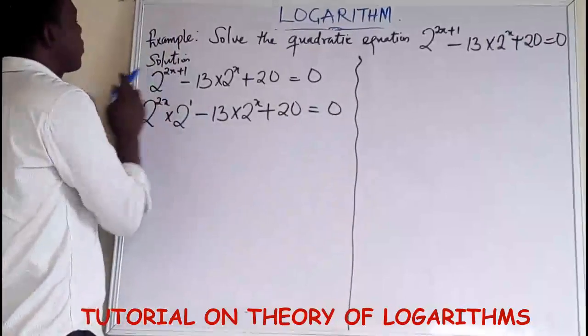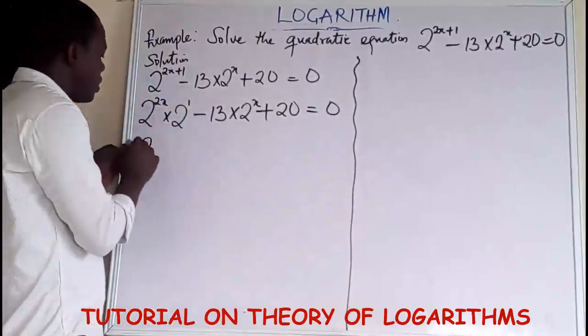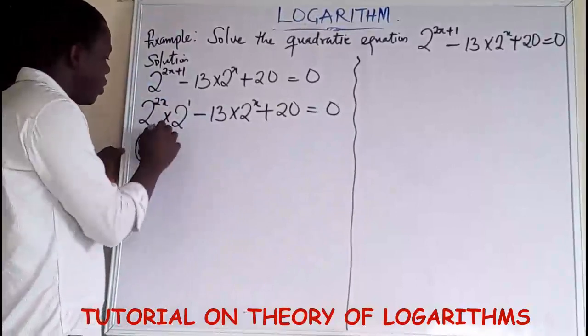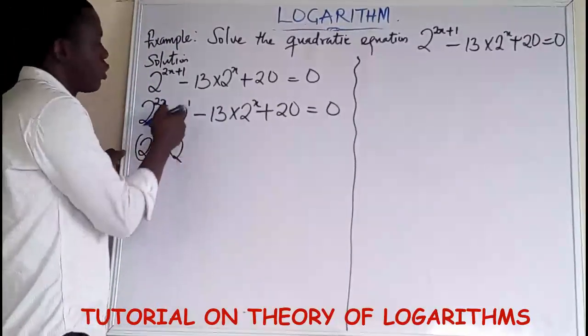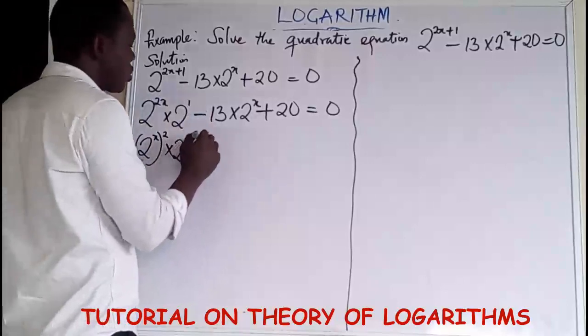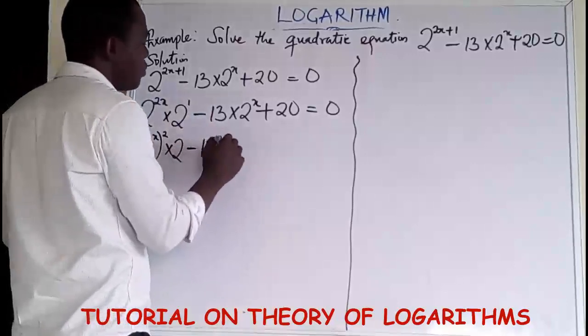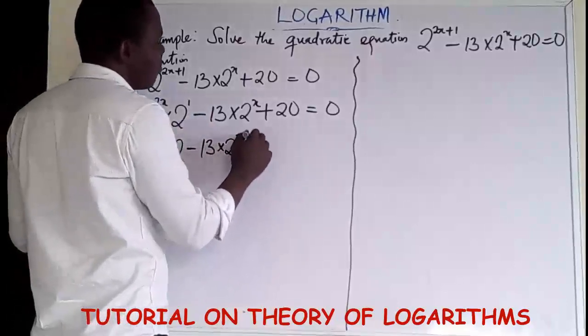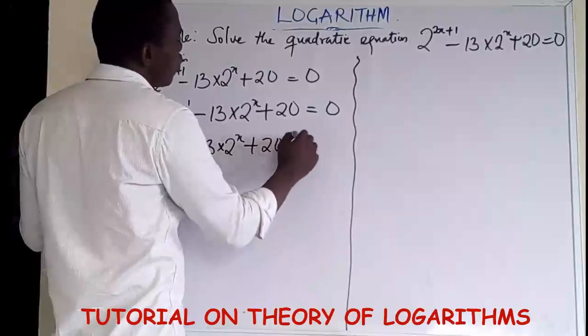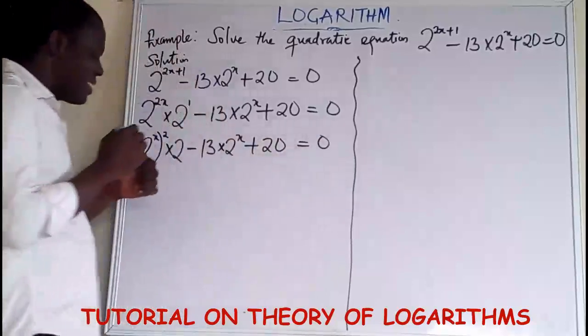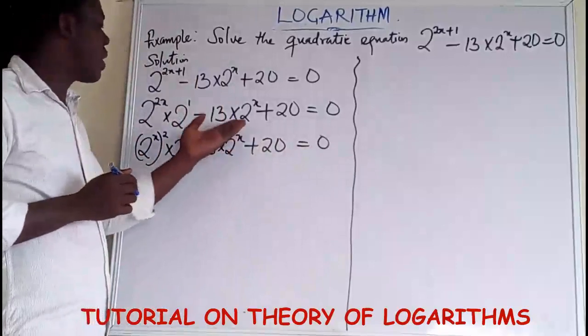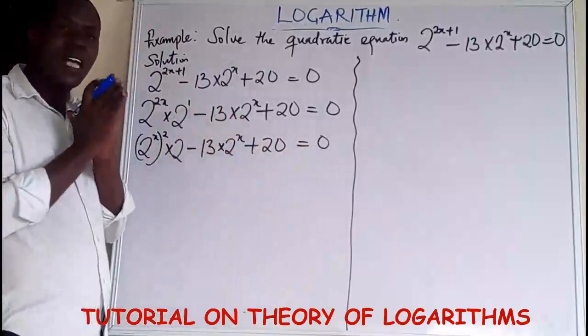Now, we can isolate it and say this is 2 raised to the power x, everything squared times 2, because 2 raised to the power 1 is 2, minus 13 times 2 raised to the power x plus 20 equal to 0. So at this level, you can see that 2 raised to the power x has been isolated.